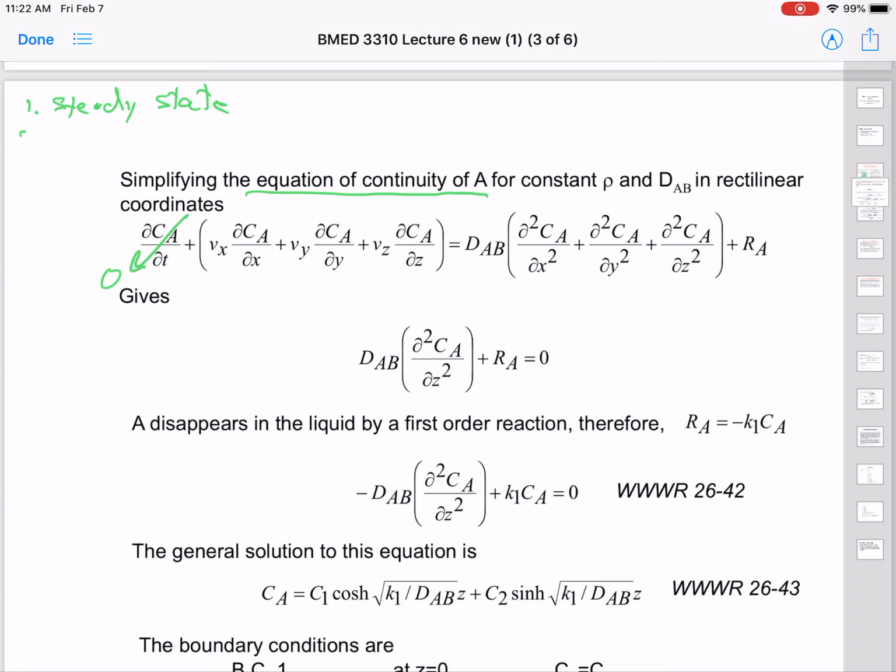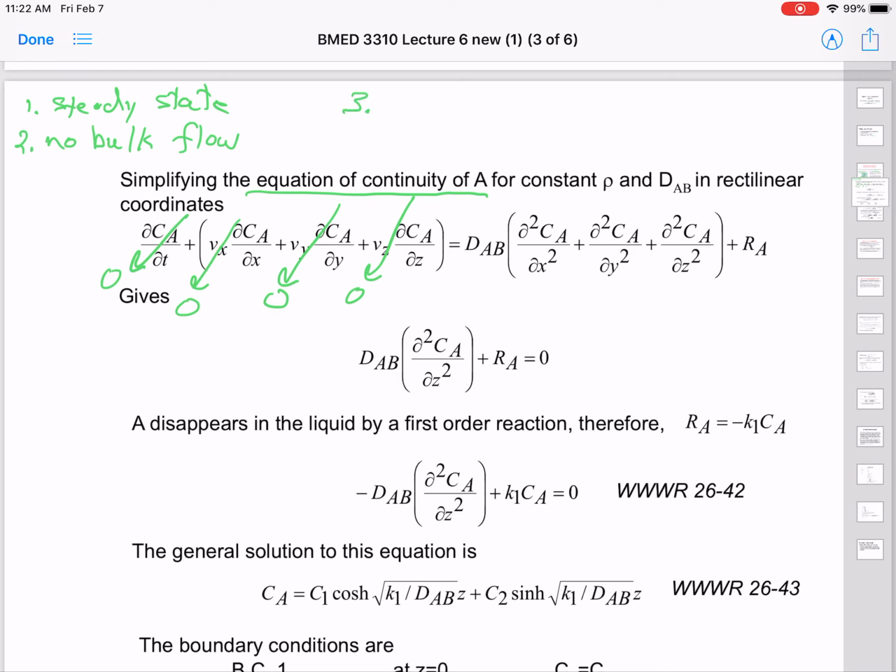The second one is that there's no bulk flow. At this point, you're pretty safe in making that assumption all the time. We'll discuss that after exam 1, but for now, there is no bulk flow, so all of these terms are gone. So we end up basically with the same thing that we were doing yesterday in spherical coordinates.